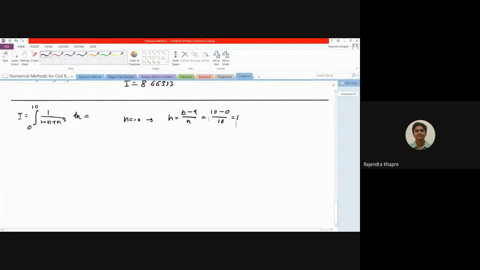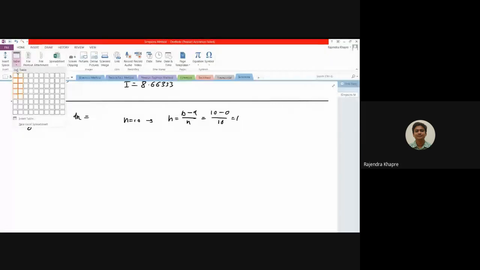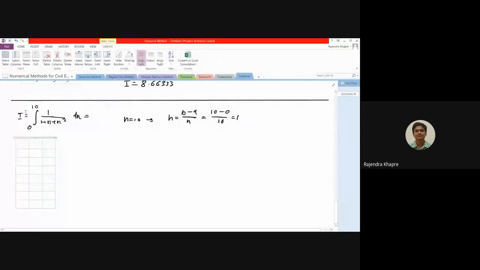In short, what you will have is something like this. You have this column as n, this as x, and this as y.